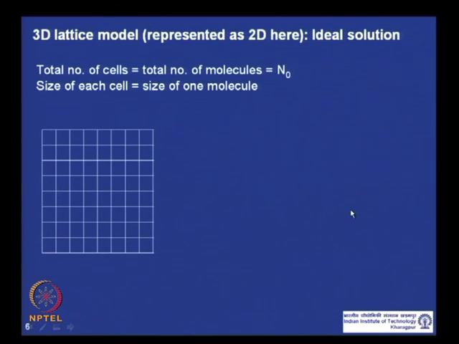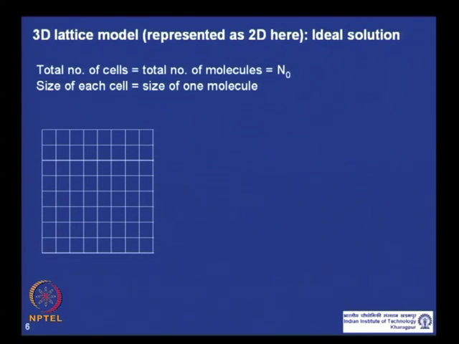Now, let us talk about how to calculate this combinatorial or configurational entropy, and we are continuing our discussion with the simplest system, the ideal solution.